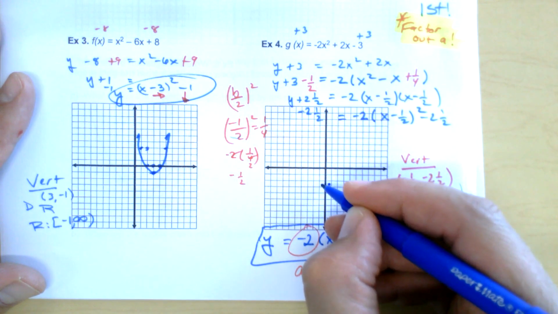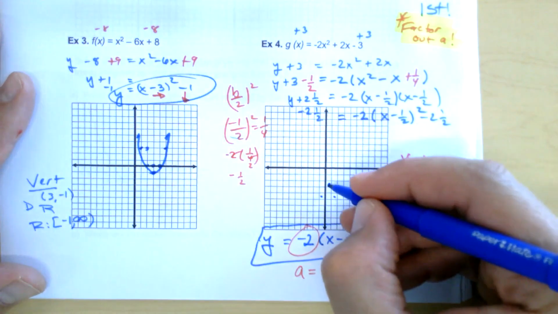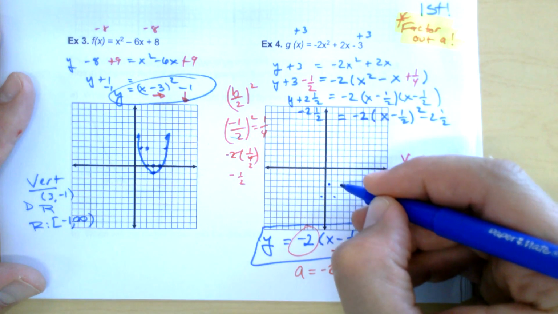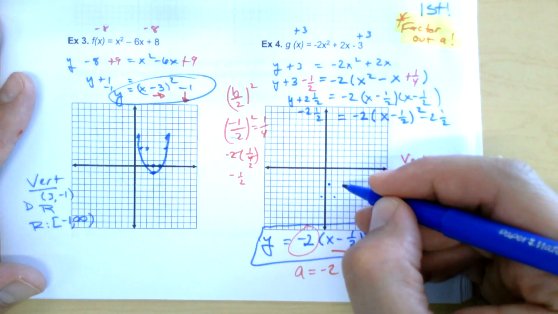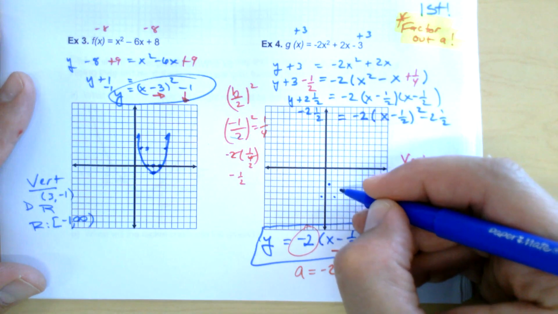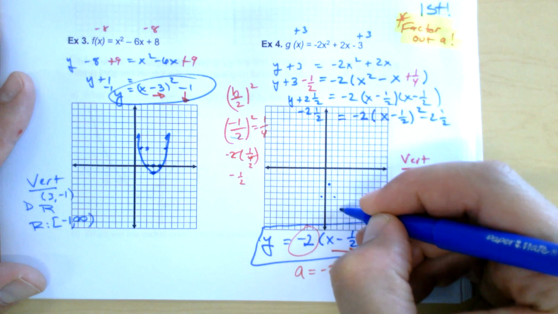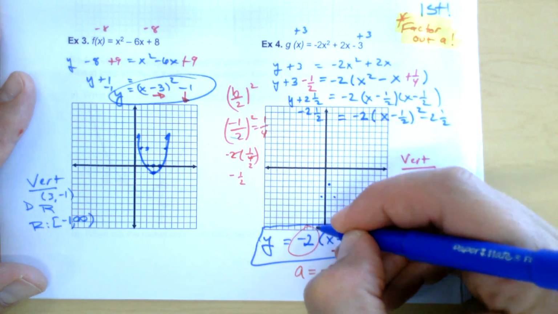Over 1, down 2. And then we're going to go over 2. And normally I go up 4. Well, now I got to go down 4 times 2. So that'd be over 1, 2, and then down 1, 2, 3, 4, 5, 6, 7, 8. I'd be off the chart.